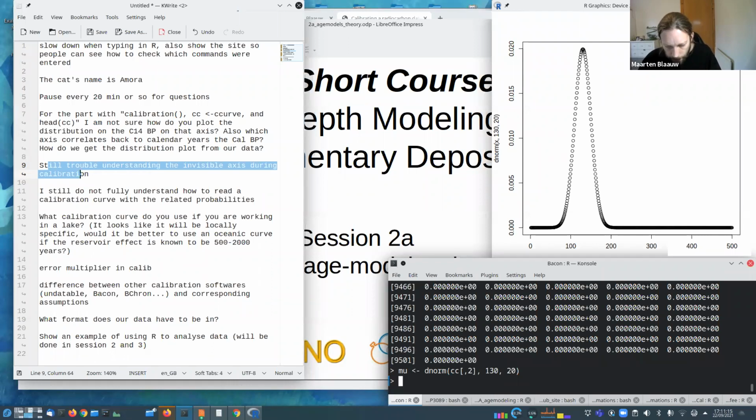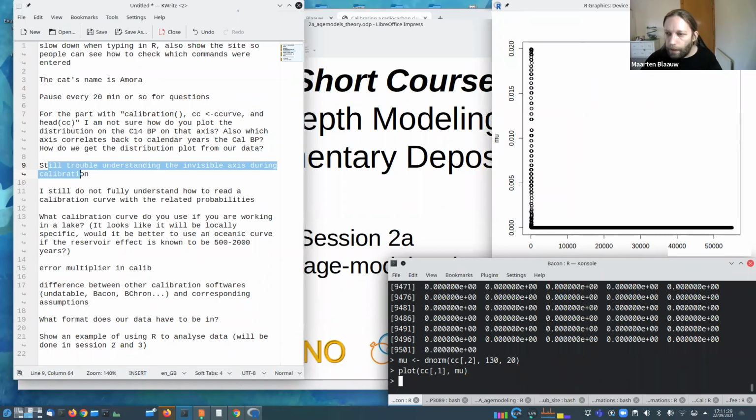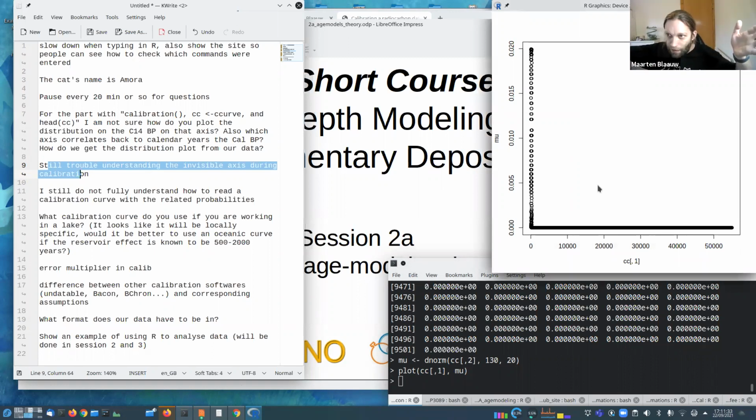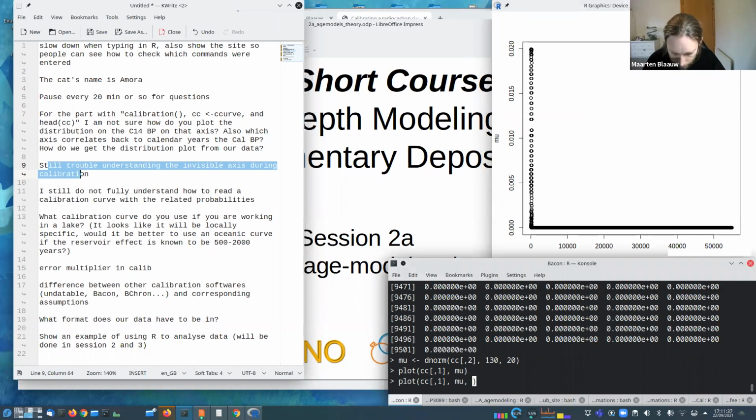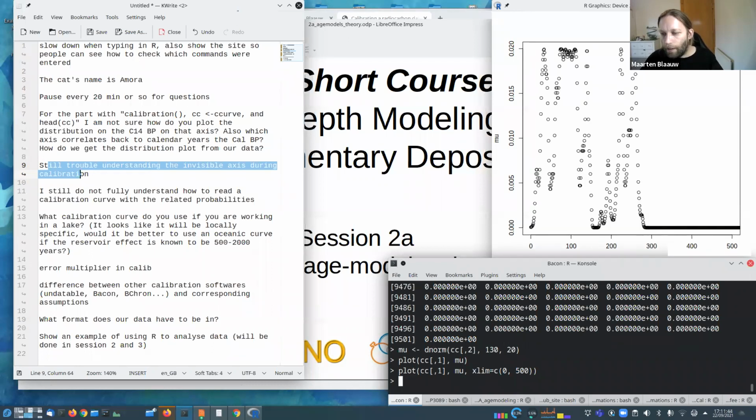And now I can plot the first column of the calibration curve, and then mu. That doesn't show anything because we've got like 55,000 years. So we can plot anything between 0 and 500 cal BP.